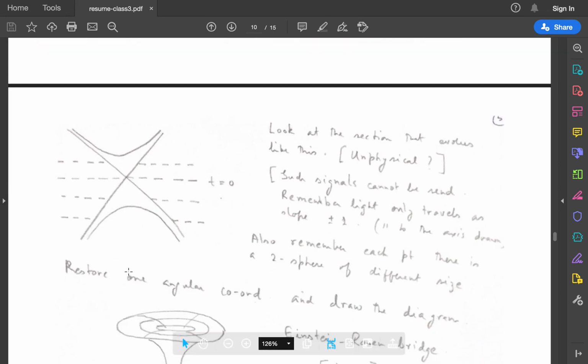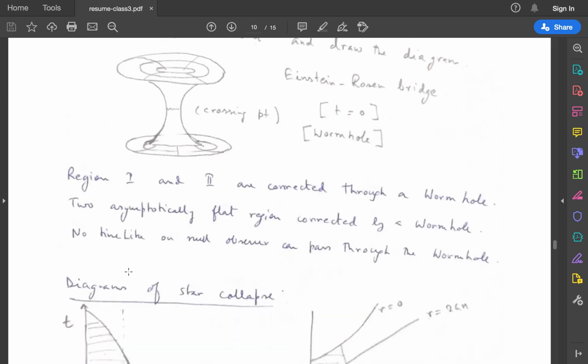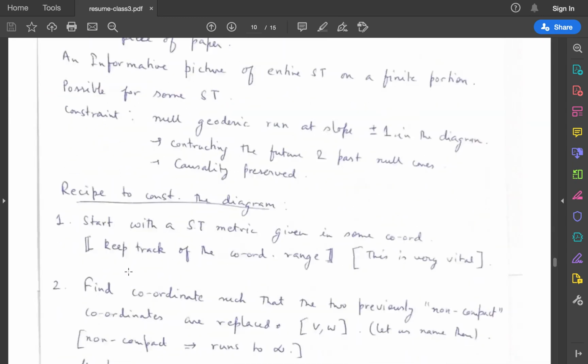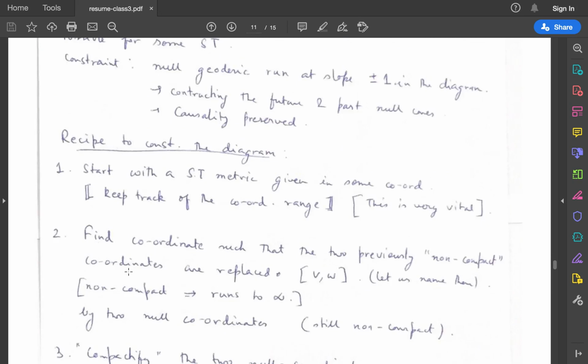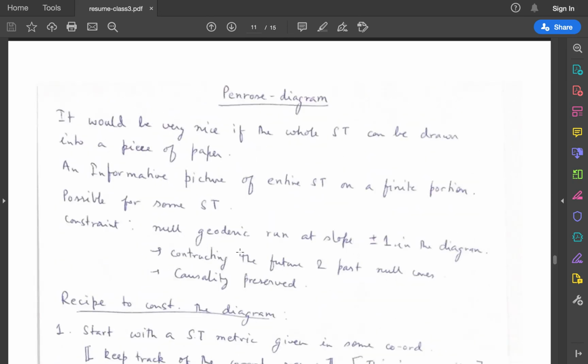However, it would have been very useful to us if the whole of the spacetime can be drawn on a piece of paper. It may not be the actual metric or the very physical one, but it can be an informative picture of the entire spacetime in a finite portion of this paper.